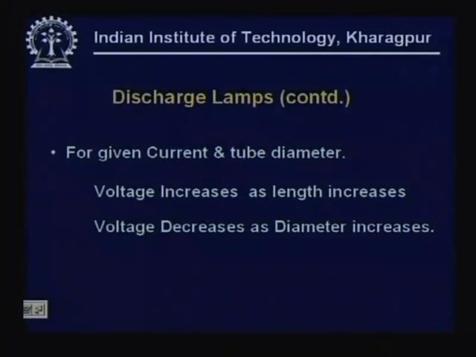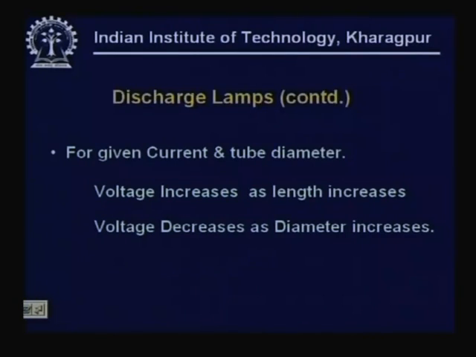Now, coming to these line sources, the issue we are talking about is the required voltage. No doubt the variation in voltage is less, but it increases as the length increases. The other thing is that this voltage has a certain decrease with the diameter.